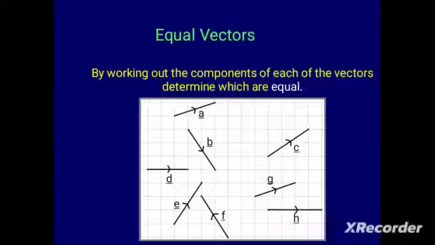A and D are not in the same direction. So the set of vectors that are equal in this case is A and G. A and G is the only set of vectors that are equal.